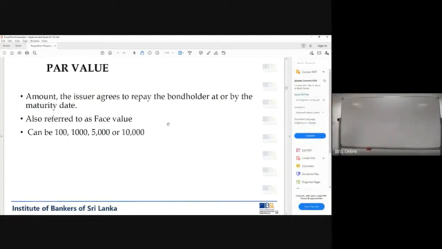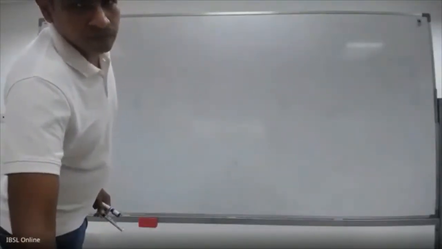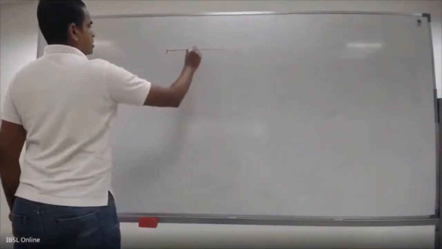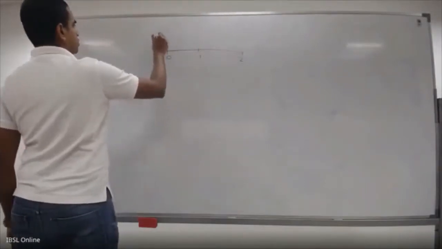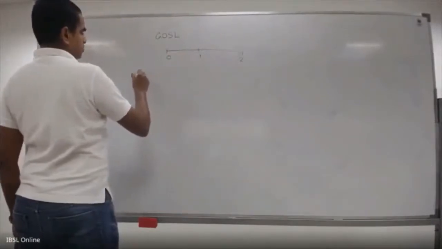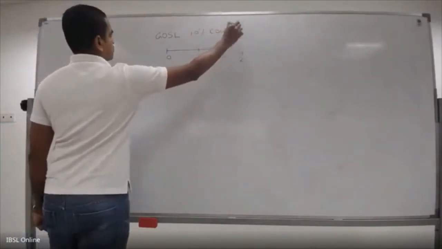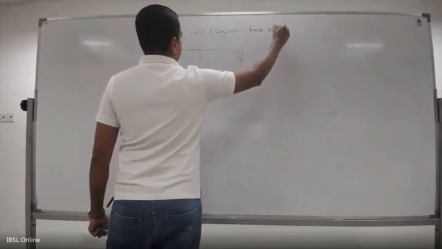So let me draw this in a small diagram. Let's once again say this is a 2-year bond issued by the government of Sri Lanka. Coupon is 10%. Face value of 100.